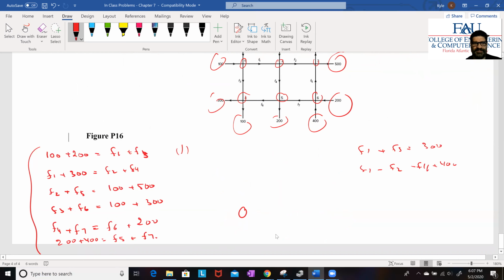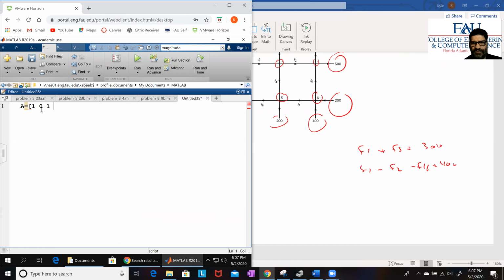So this equation is going to be rearranged. Let's confirm A is equal to, the first row will be 1, 0, 1, and there's no F4, F5, F6, F7, so 0, 0, 0, 0.